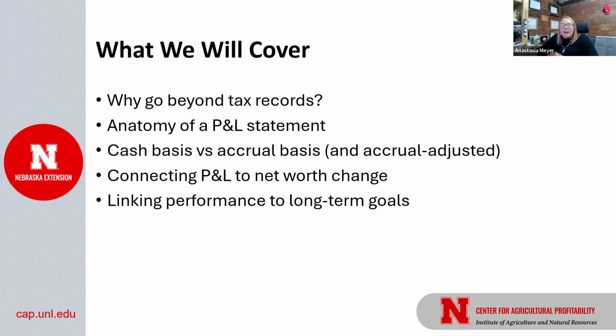We're going to then talk about how to connect your profit and loss or income statement to your net worth change and how to link these to your long-term goals. At the end, I'll be available for any questions. In the meantime, if you do have some, feel free to drop them into the chat, or there should be a question and answer box that you could enter those in as well.